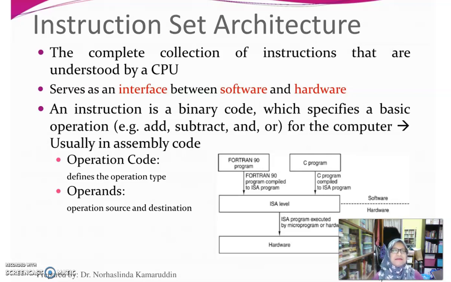We have 5 types of register. We have PC, program counter. We have IR, instruction register. We have accumulator, general purpose register, MAR, memory address register, and MDR, memory data register. In this case, typically you'll be using the accumulator and general purpose register.